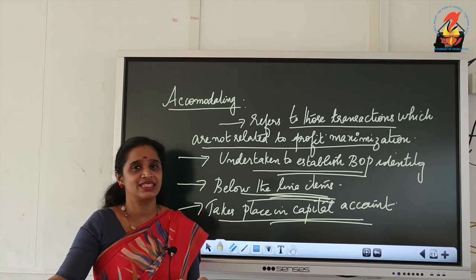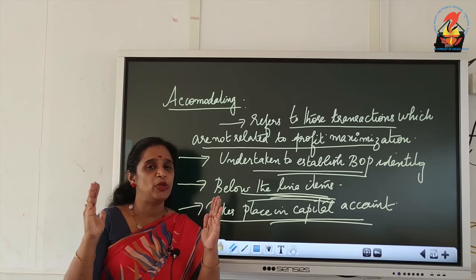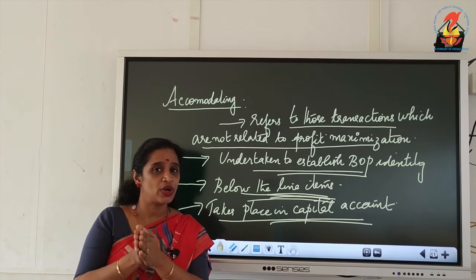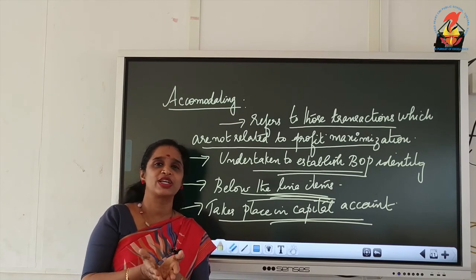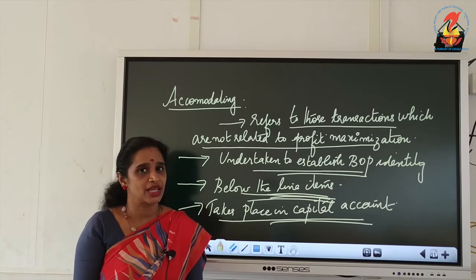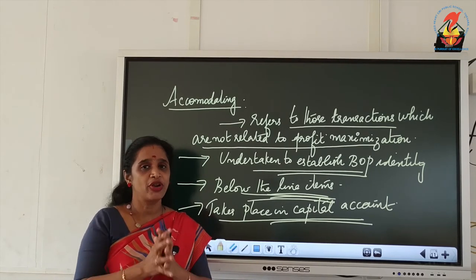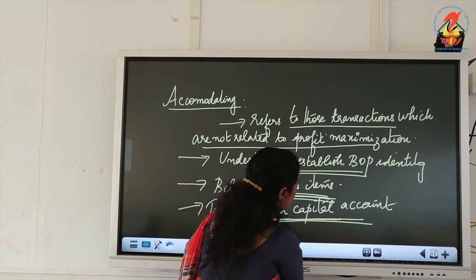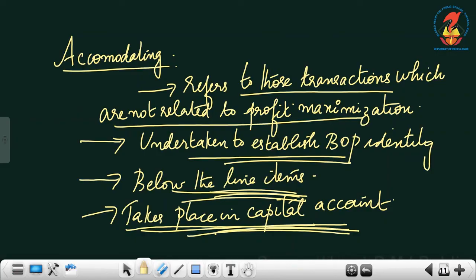The capital account has adjusted and tried to keep the BOP identity where the debit side is equal to the credit side. When we look at the statement, we can't understand what the actual problem there is. Both sides are equalized. Who equalized both sides? Capital account. So, for accommodating the transactions, the capital account has taken a very important role. So, it takes place in the capital account.